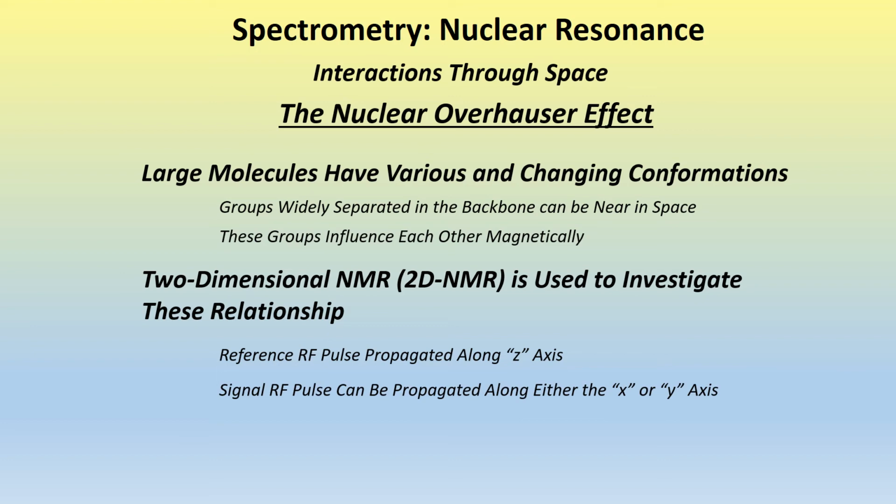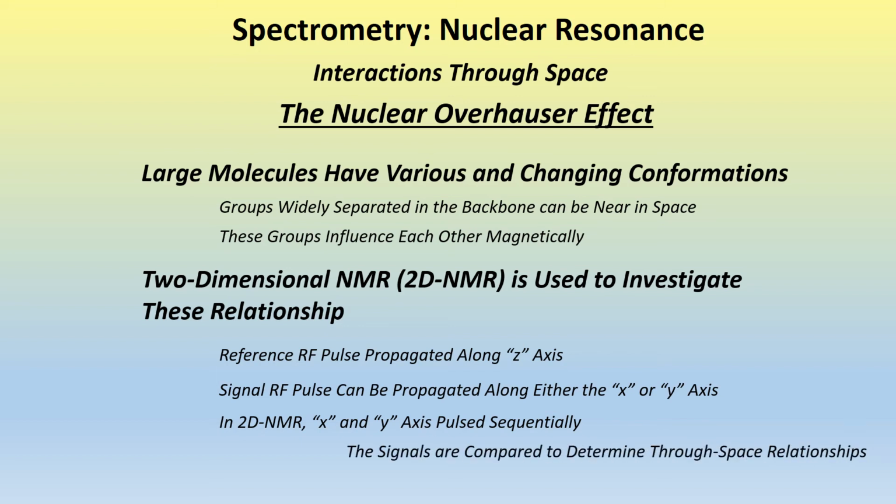A signal pulse then knocks down the spins. There are two axes left. That signal can either be propagated along the x or the y-axis. In 2D NMR, the x and y axes are pulsed sequentially. The signals from both are compared to determine through space relationships.